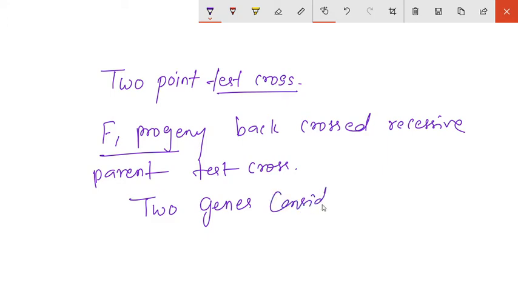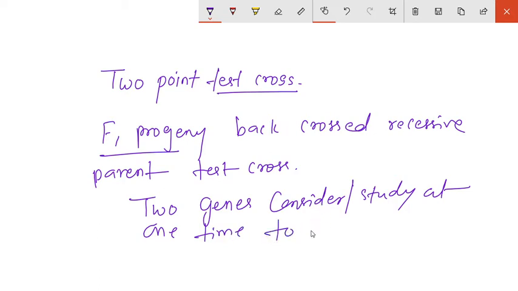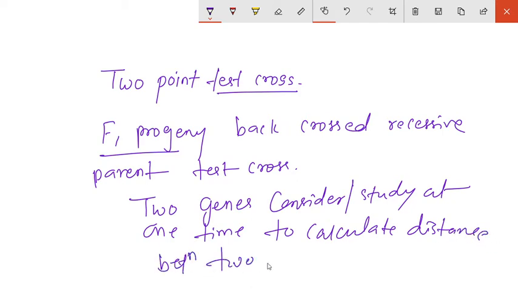Okay. So the test cross, when two characters or two linked genes are considered or studied at one time to calculate or to map the gene distance, or to calculate the distance between two genes, is called as 2-point test cross.